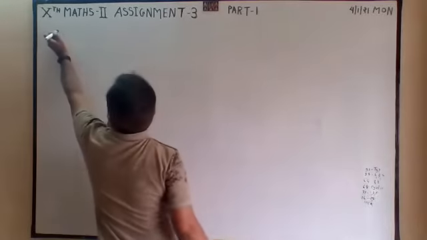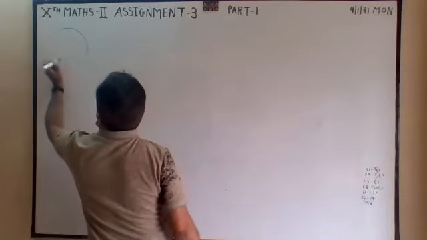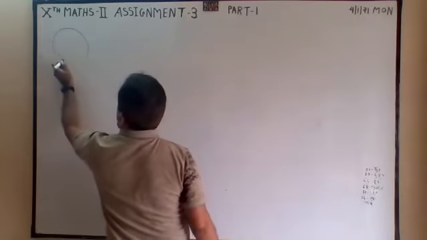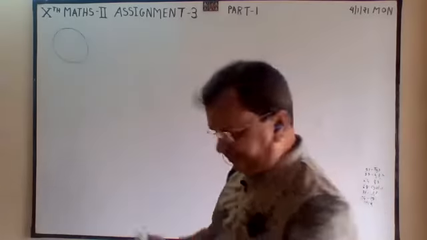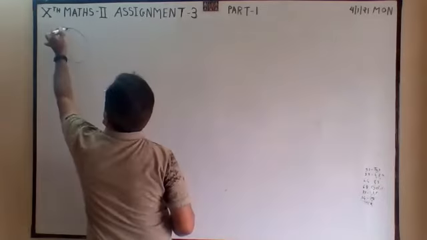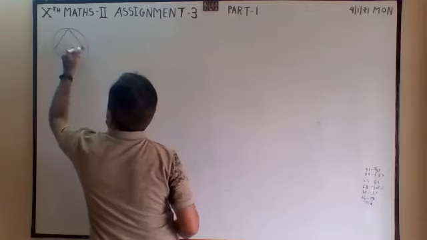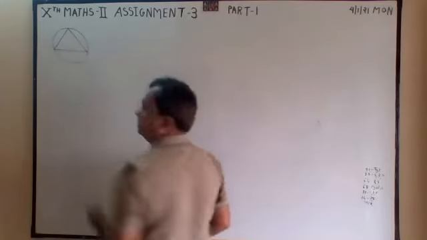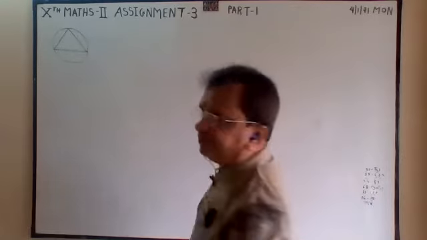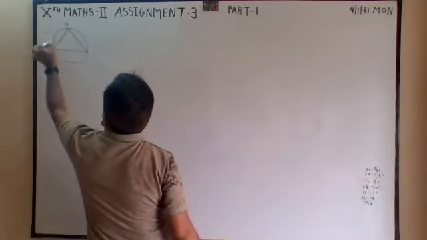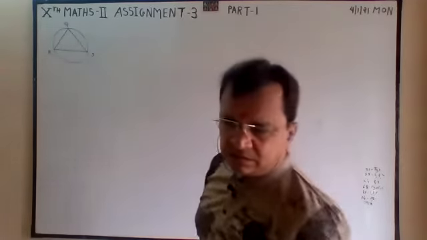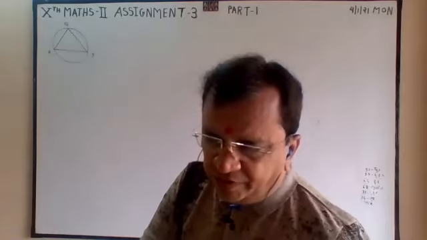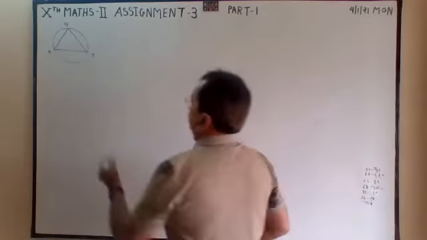Circle is given. And equilateral triangle QRS is given. We have to prove three arcs are congruent.